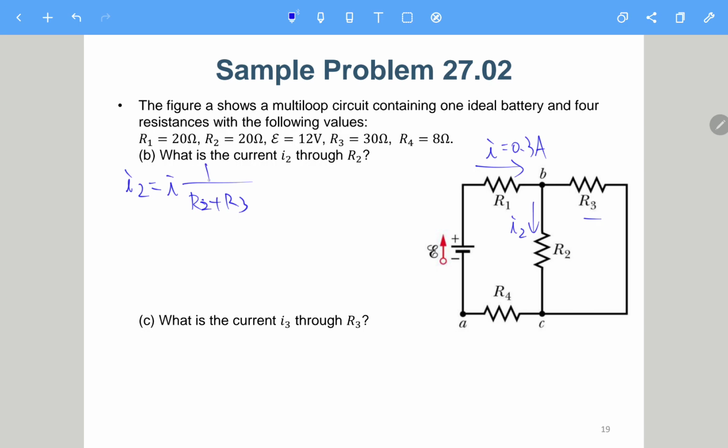This is the so-called current divider. Also, we will have something called a voltage divider.